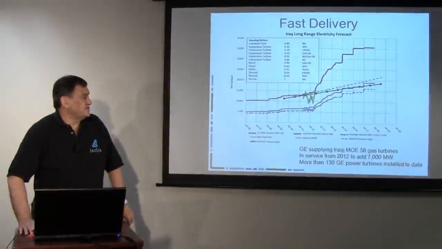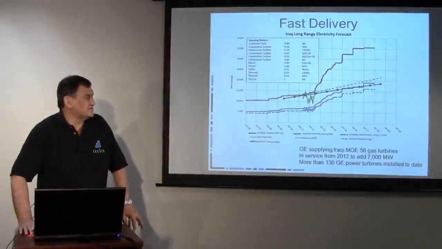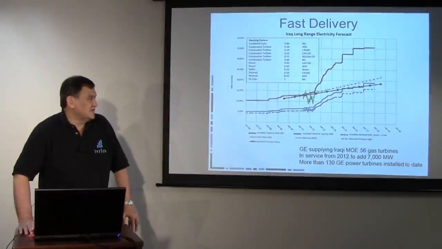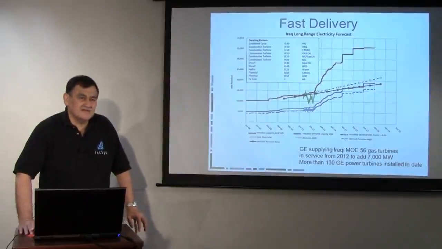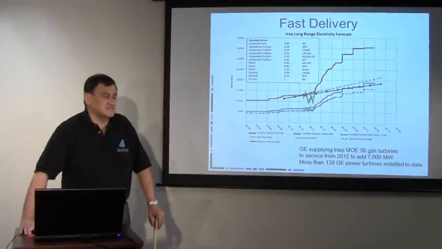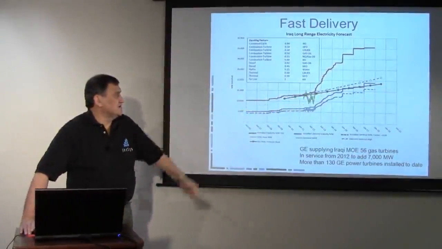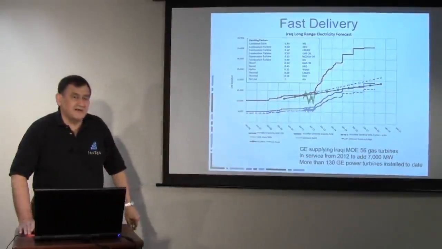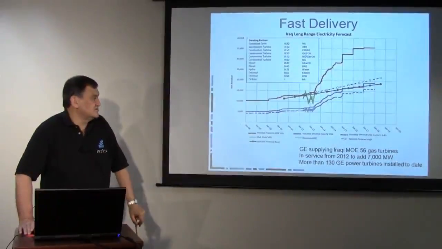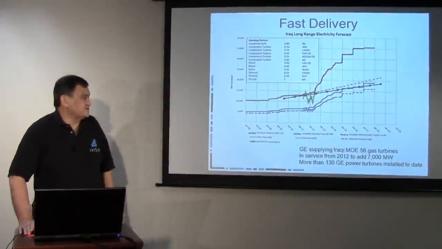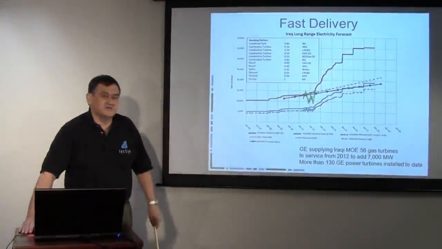But GE has supplied the Iraqis with 56 gas turbines that have been in service, and they're now planning to add 7,000 megawatts and an additional 56 gas turbines to bring the supply up to be much closer to the demand. And there's been a total of 130 installed to date.